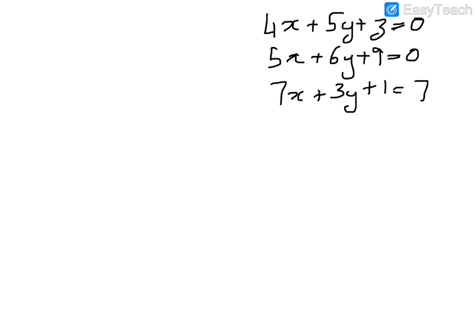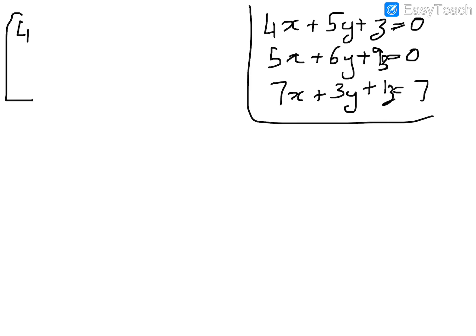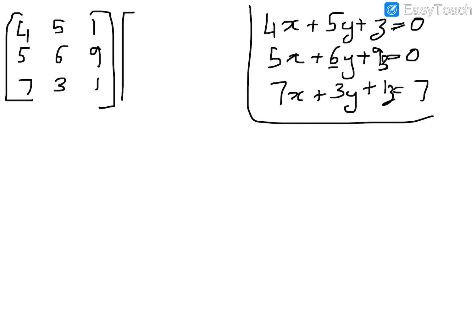So if we want to solve these to find the value of x, y, and z, using these 3 equations, we would form our matrix A, which is going to have 4, 5, 1, 5, 6, and 9. This is the coefficient matrix, 7, 3, and 1, times x, y, and z.